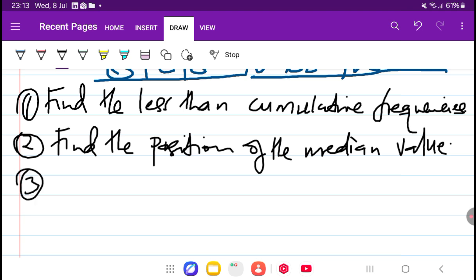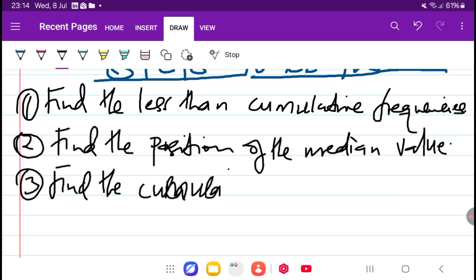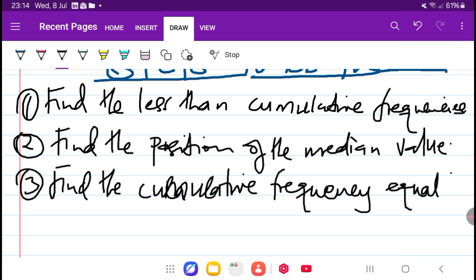Then the third step is for us to find the cumulative frequency. Find the cumulative frequency equal to the above position number 3, or in 3 above.